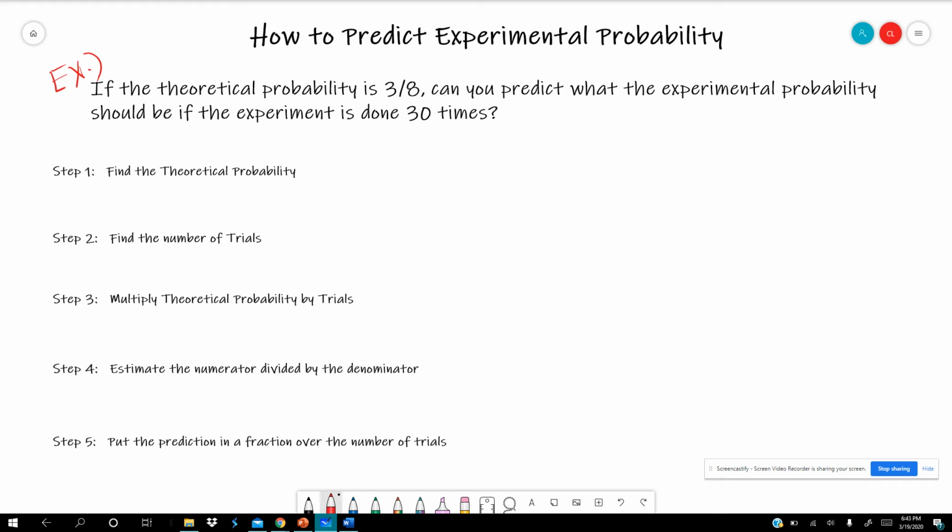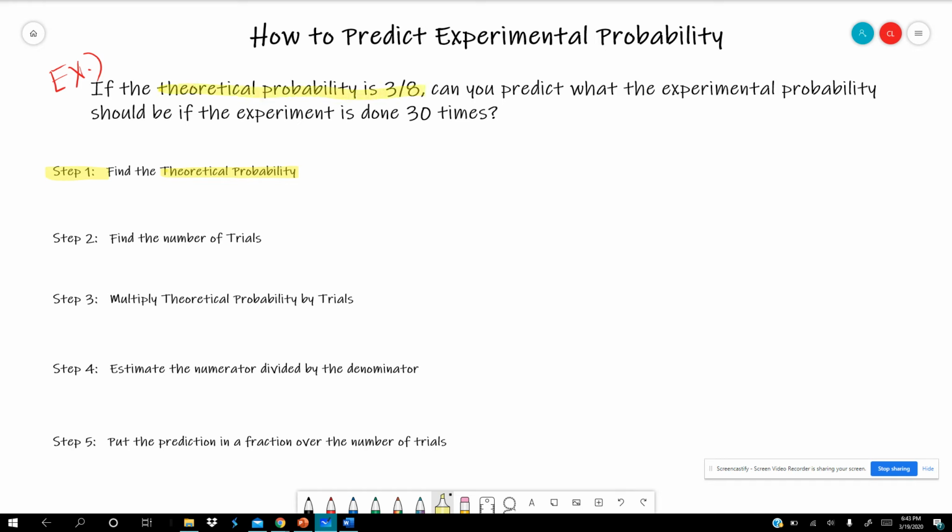Okay, so I broke it down into 5 easy steps, and we're going to take it step by step. Step 1, we're going to do in yellow highlight. Step 1 is we want to find the theoretical probability. If we refer back to our example problem, they tell us the theoretical probability is 3/8.